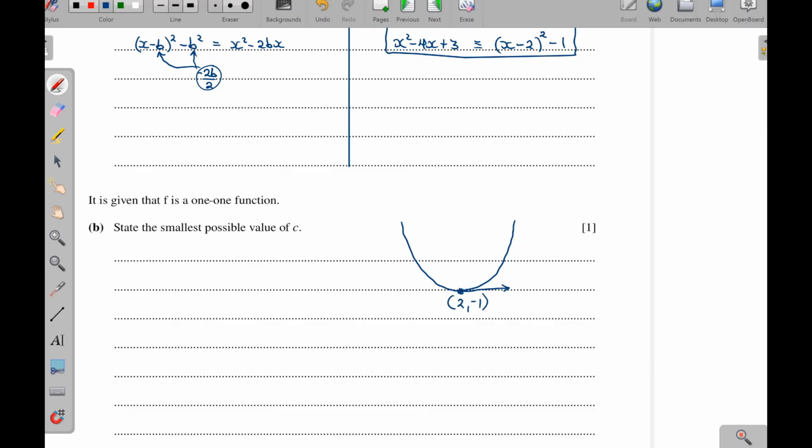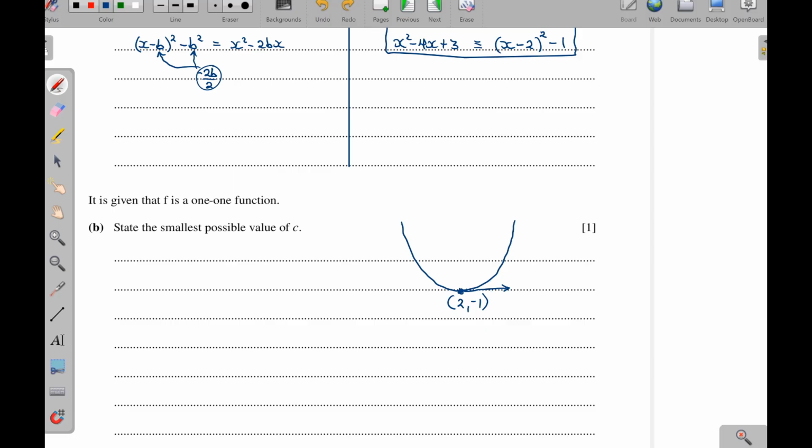Since we are considering only this part, we have to consider from this point here, and then we follow this graph here. So that means each x coordinate will give one y coordinate. Each of them will be assigned a unique value, so it becomes 1-to-1.